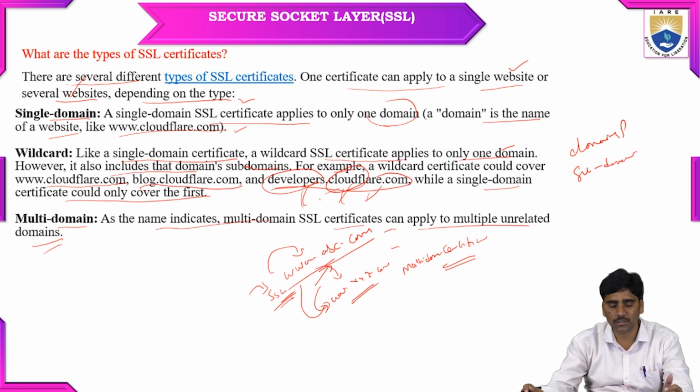One is the single domain certificate, the second one is the wildcard certificate, and the third one is the multi-domain certificate. So these are all the SSL certificates to make our websites and web content safe and secure. So that is all about the secure socket layer and handshake protocol messages and actions.